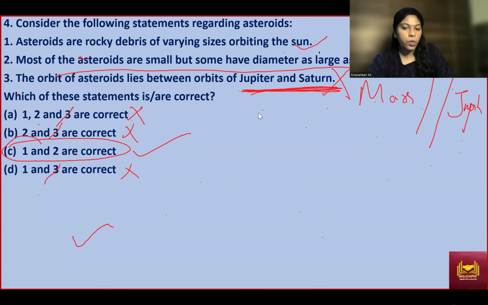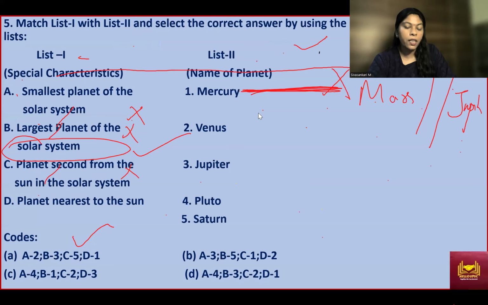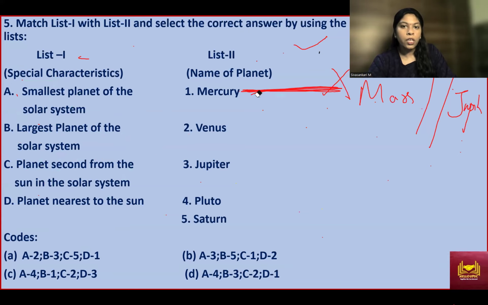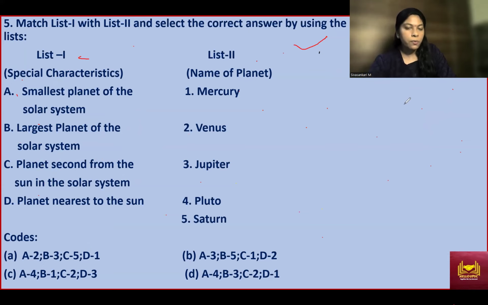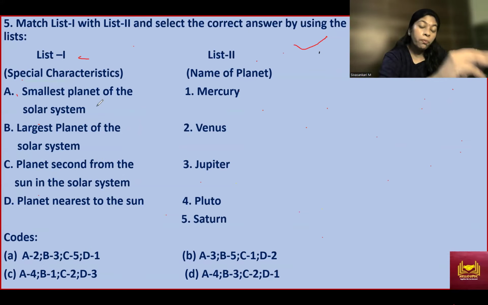Match the list. This kind of question was also asked previously in the UPSC. Match the special characteristics in list 1 with the names of the planets in list 2. Here there is a small correction. First, let us finish this, then we'll come to it. Smallest planet of the solar system: long back, 20 years before, it would be Pluto at that time. Largest planet of the solar system: Jupiter.